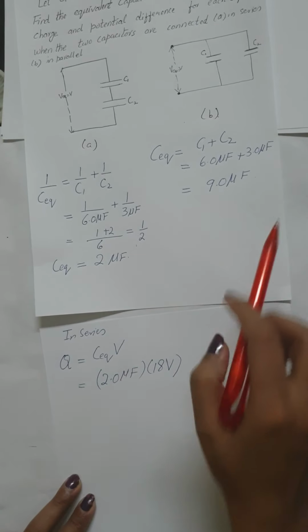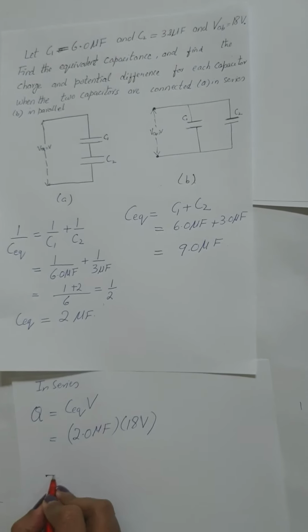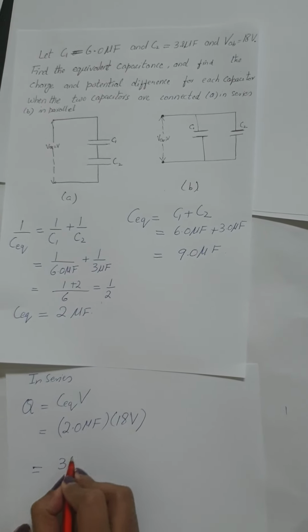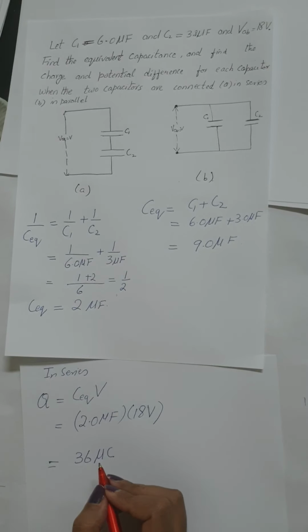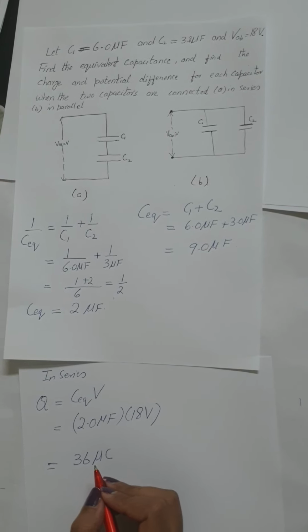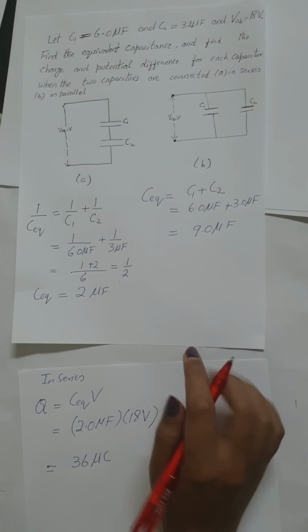The potential difference VAB is already given here, 18 volts. And the value of the charge becomes 36 microcoulomb. So now let's calculate the charges for the parallel combination.